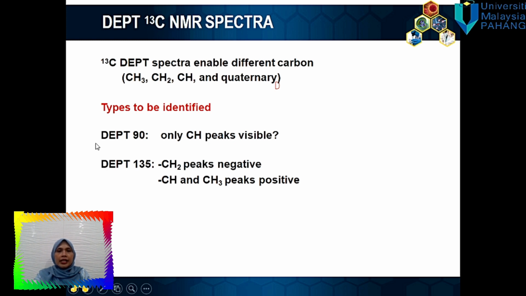For example, in DEPT 90, this is the experiment that has been set up in the instrument. In DEPT 90, we can see only the CH peak, and in DEPT 135, we can see the CH2, CH, and CH3 peaks. The CH2 peak falls in the negative part, and the others fall in the positive part.